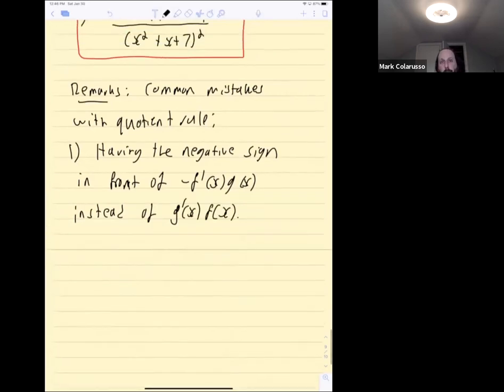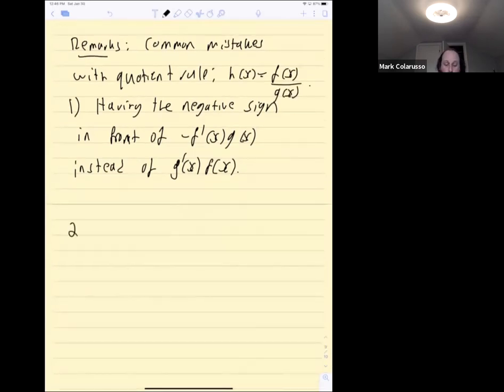So that's the most common mistake. Again, this is for h at x equals f at x over g at x. Very common mistake. The other thing is actually having a plus sign in the numerator instead of a negative sign.